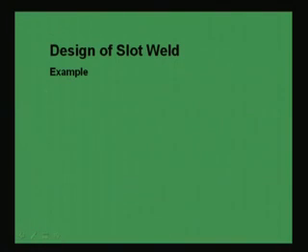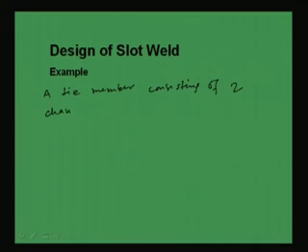Let us take an example of a tie member consisting of two channels back to back.